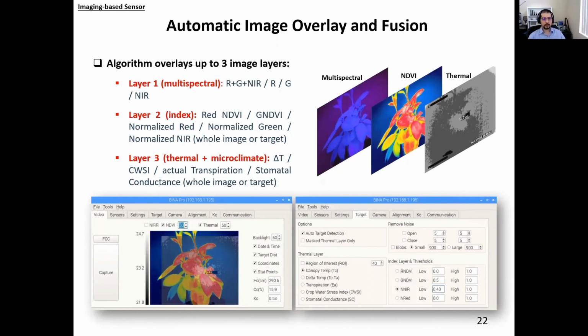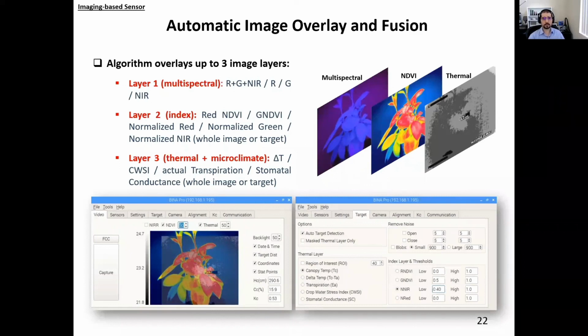So the algorithm can overlay up to 3 image layers and then fuse them. Layer 1 can be a multispectral image. It can be a combination of all the available channels, bands, or red, green, and NIR, or individual bands.